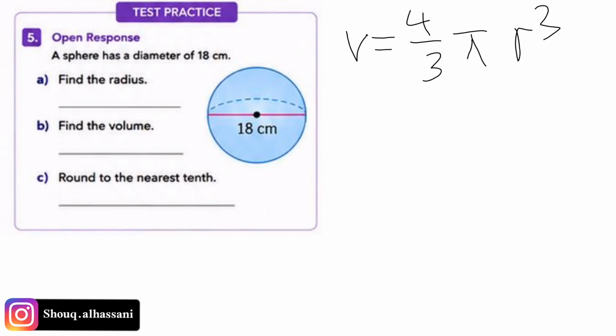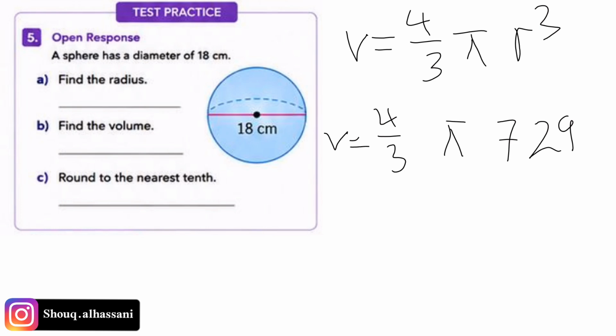We will divide 18 by 2, which will be 9. So 9 multiplied by 9 multiplied by 9 equals 729, times 4 over 3. Okay.